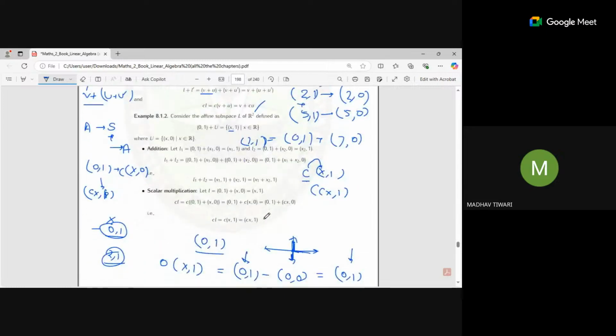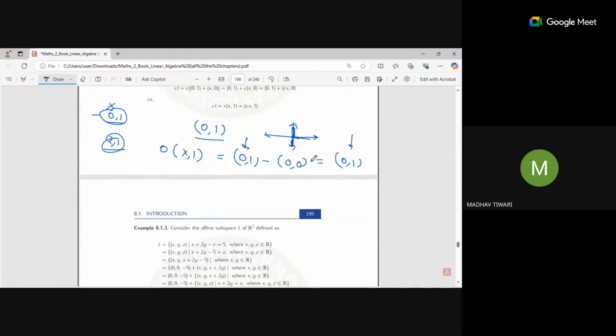Same for multiplication. Suppose I want to multiply my vector (5, 1) by 7. I first remove the part (0, 1), so I get (5, 0). Now I multiply it by 7 and get (35, 0).